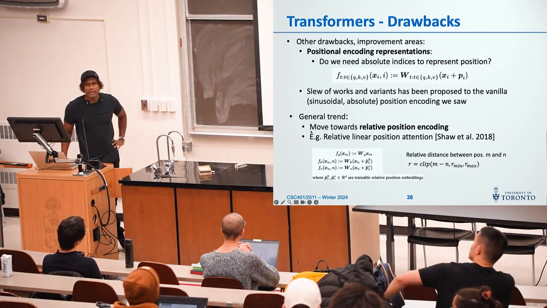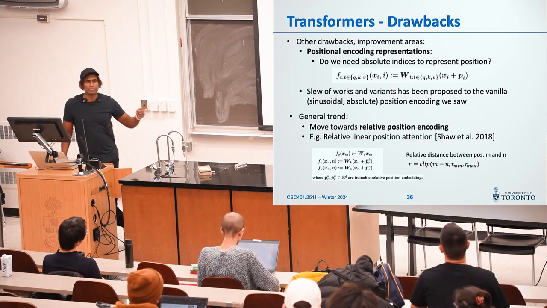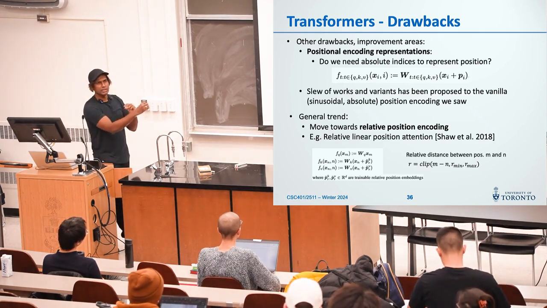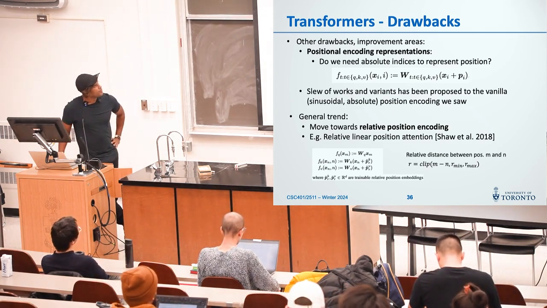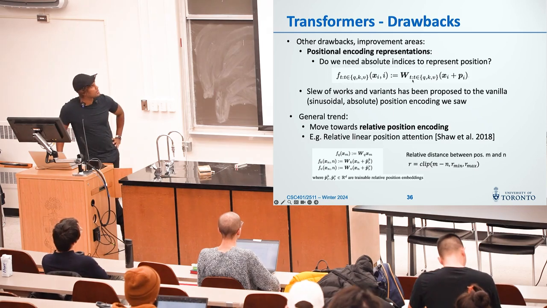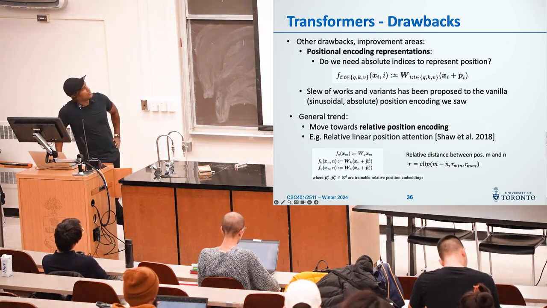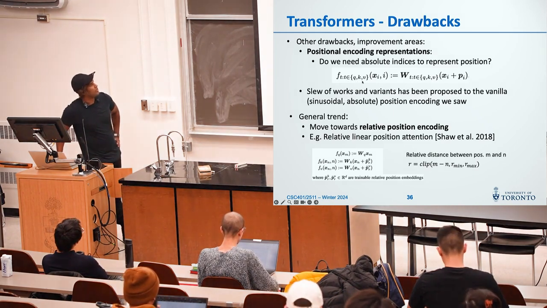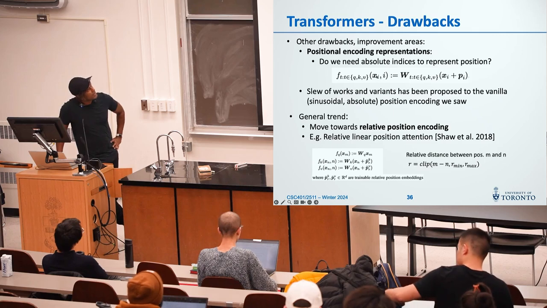At a high level, the idea falls under relative position encoding. So instead of saying absolute position, can we induce some kind of relative positioning, okay? If you take this top equation as the canonical vanilla model that we see, where you have the QKV, our three query, key, value vectors, and then we have this index i. It's very much dependent on the index i.